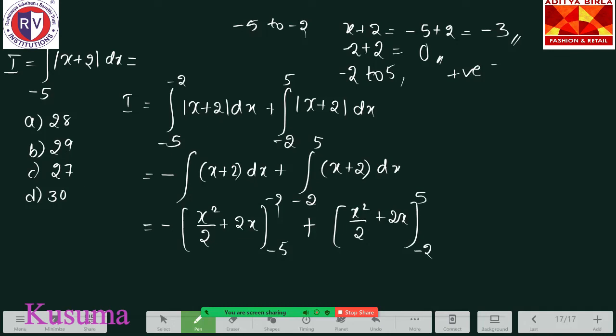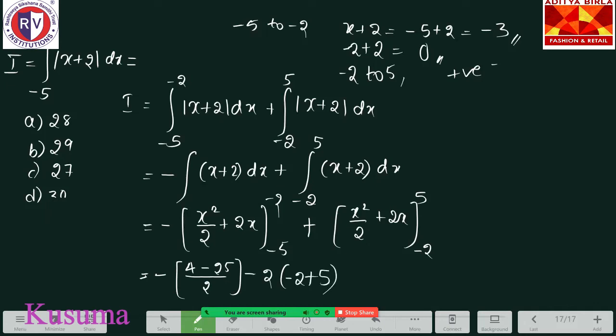Now we just have to apply the limits and find out the value of I. So on applying the limits, this will be minus of 4 minus 25 divided by 2 minus 2 into -2 plus 5.